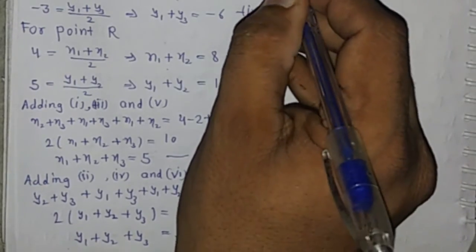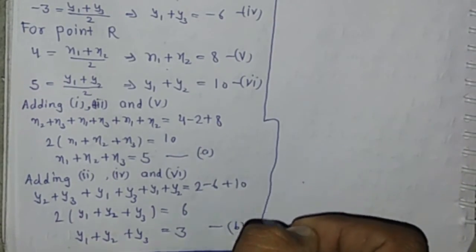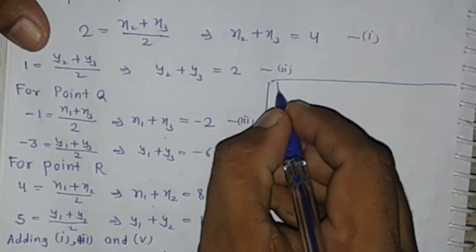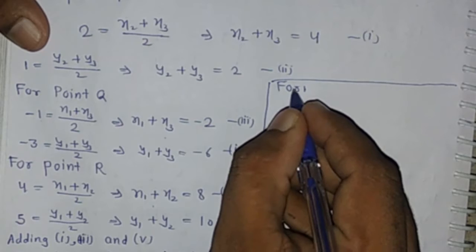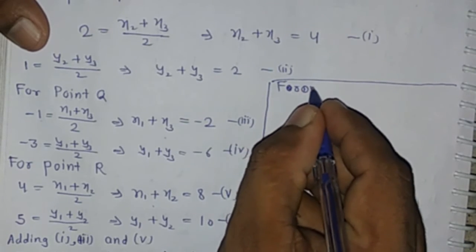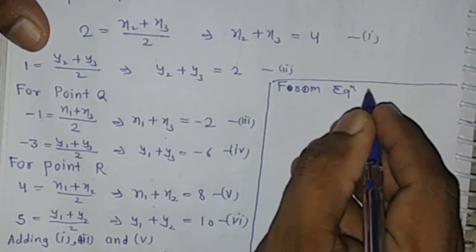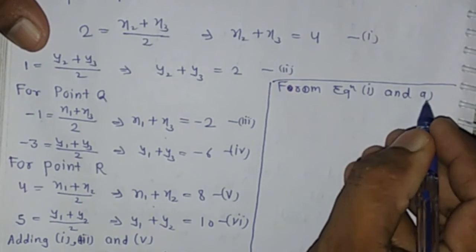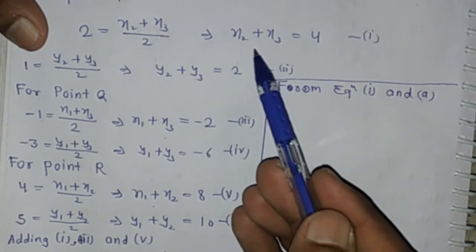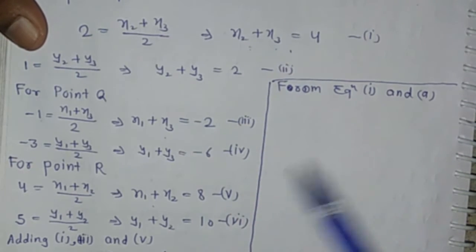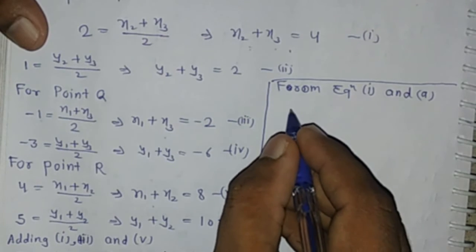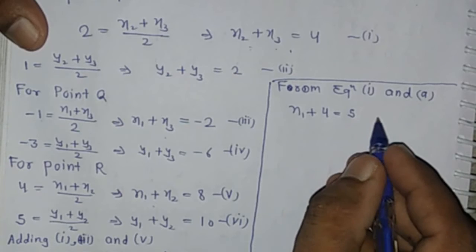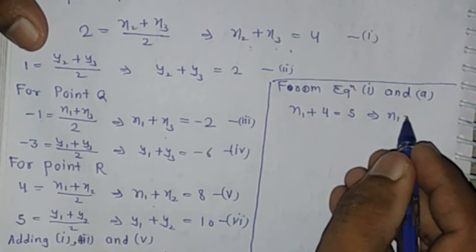Now using equation 1 and equation A, we put the value of x2 plus x3 as 4. In equation A we have x1 plus 4 equal to 5, then the value of x1 is 1.